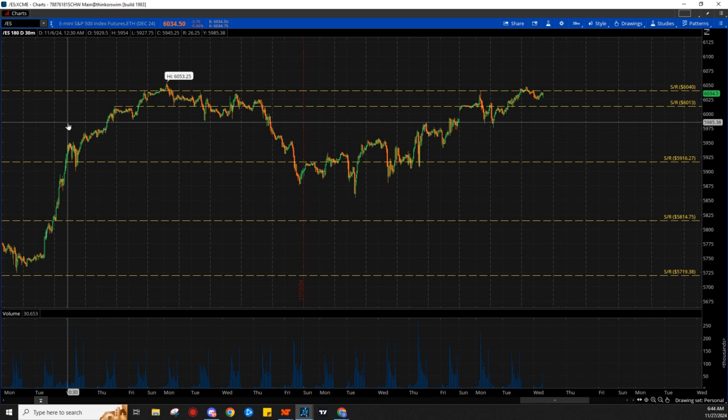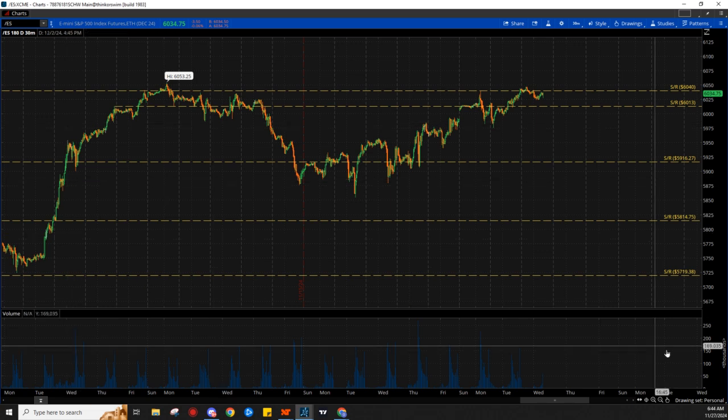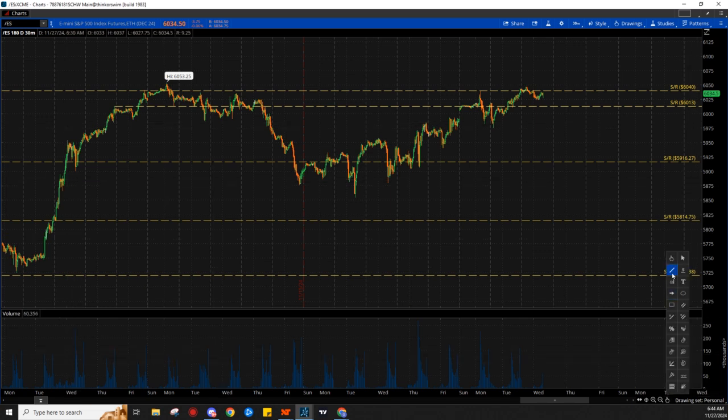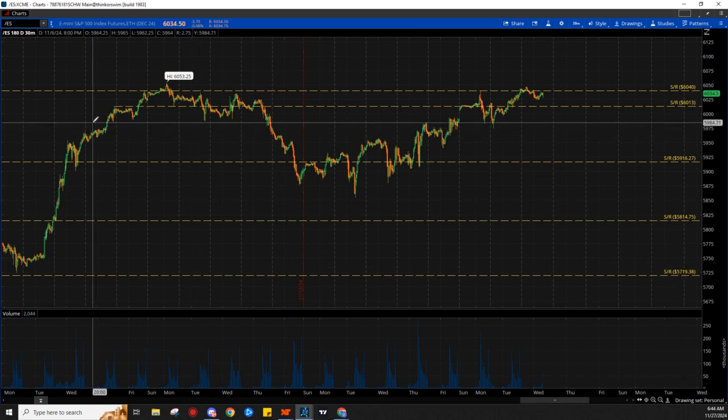Big demand at 205.50, 206. Watching this NVIDIA 135 retest is starting to show a little bit. Let's see what it does there.